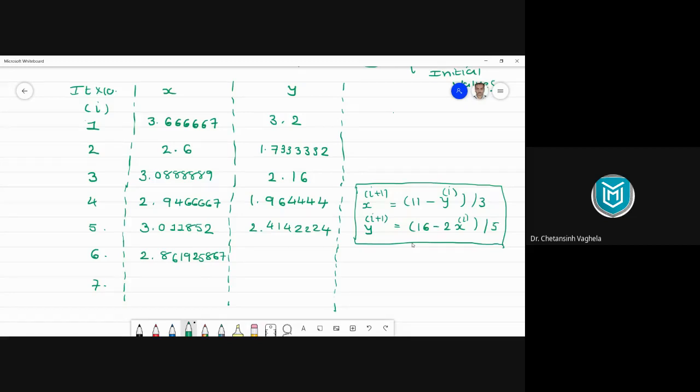So whenever there is any system of linear equations, and you want to solve it by Gauss-Jacobi or Gauss-Seidel method, then our first preference should be Gauss-Seidel, not Gauss-Jacobi, because Gauss-Jacobi is very slow compared to Gauss-Seidel. I will also tell you why it is slower when I explain the second method, Gauss-Seidel. At that time, I'll explain why it is faster than Gauss-Jacobi.